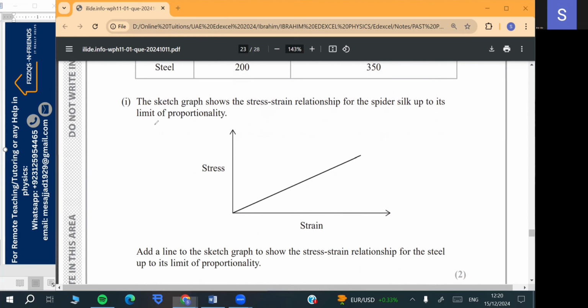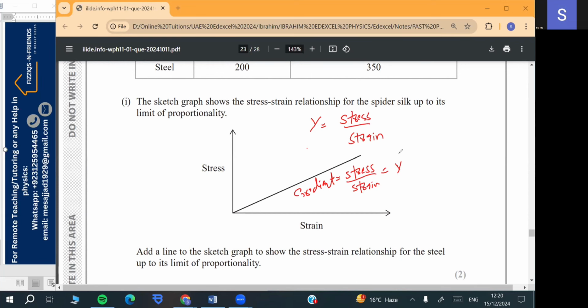You need to know that Young modulus is equal to stress over strain, and the gradient of this graph equals stress over strain. So the gradient gives you the Young modulus, which is higher for steel.